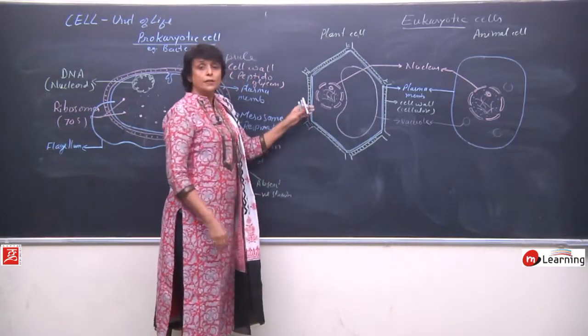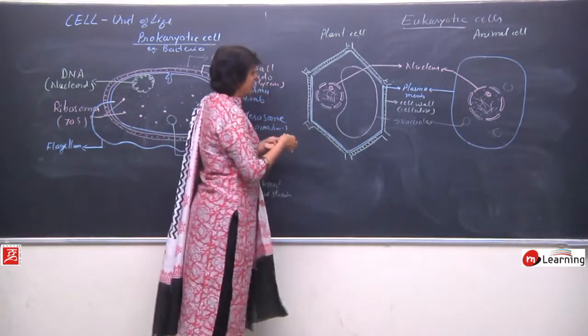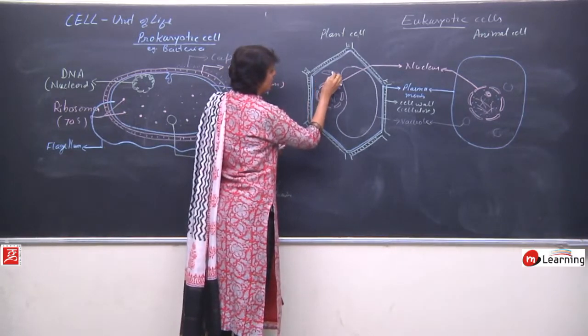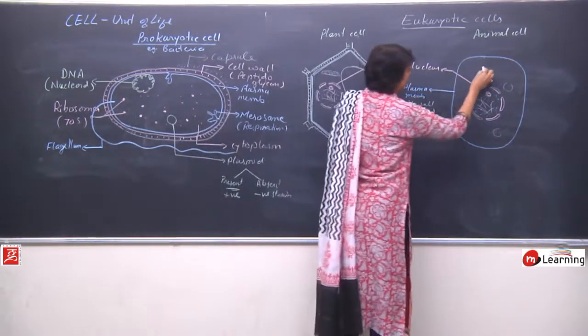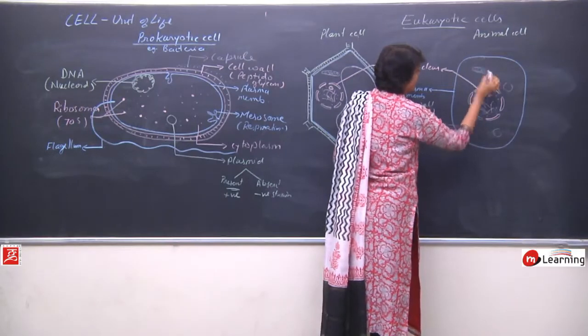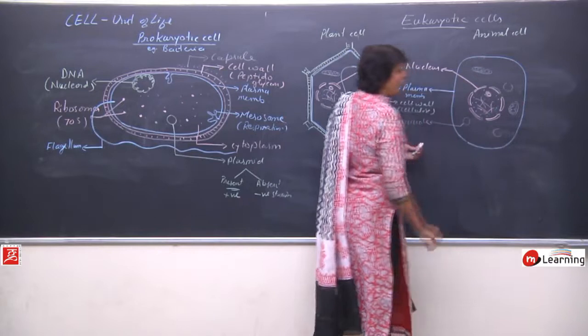Now the other organelles which are present in these cells, one is mitochondria. So mitochondria is present in both. In case of animal cells also the number of mitochondria can be variable depending upon the activity level of the cell.